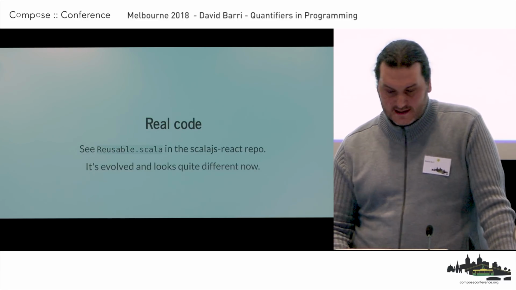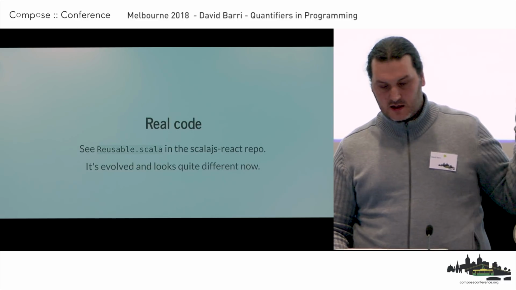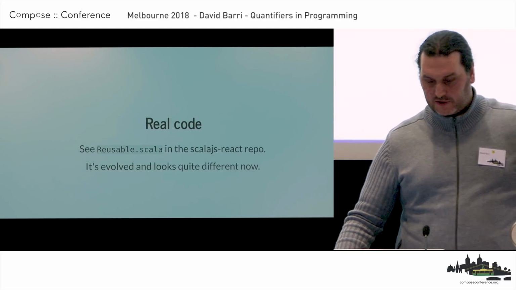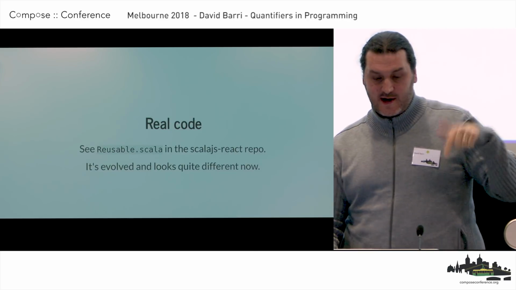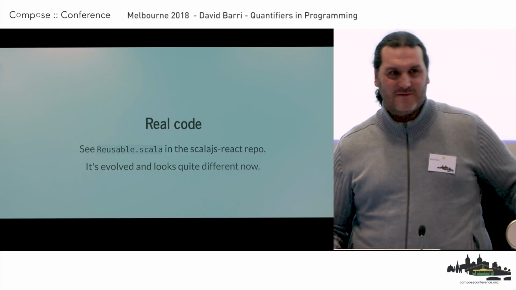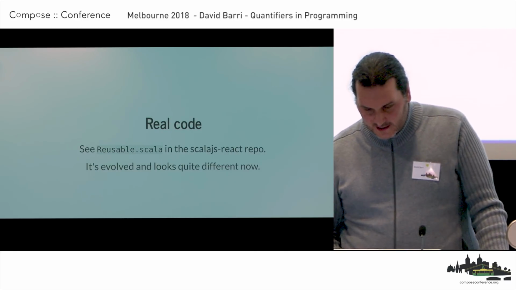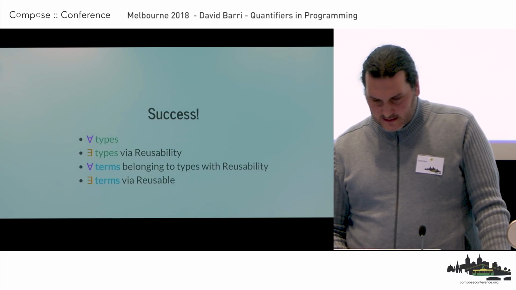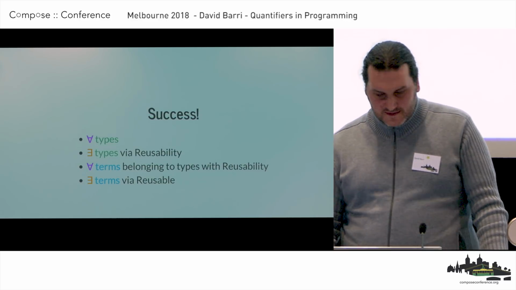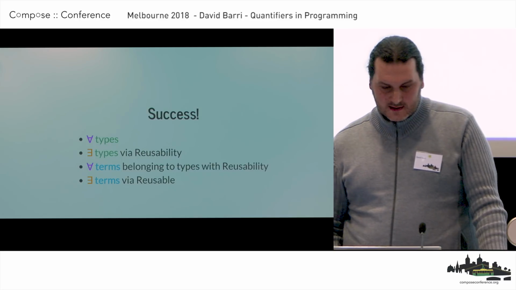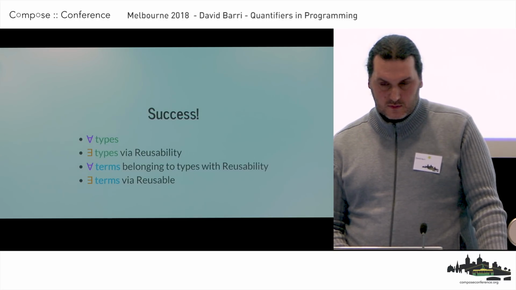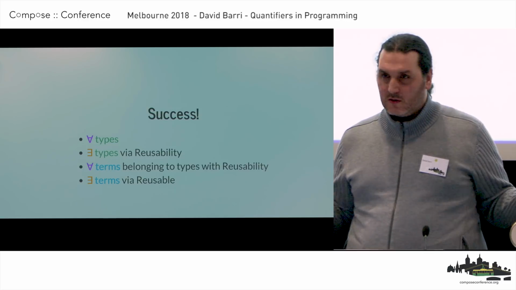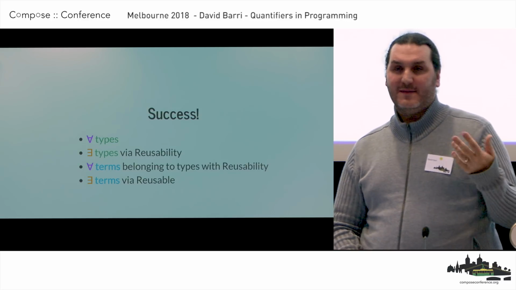Right, so if you have a look at the Scala.JS-react repository, you can search for reusable.scala and see all the code there. And it looks very, very different now than it does in this talk, because it's gone through a lot of evolution and has more features to it. All right, success. So we've solved this problem for all types. And what I mean by this is that we don't need to add any more solutions for new types when we want to bring them on board.